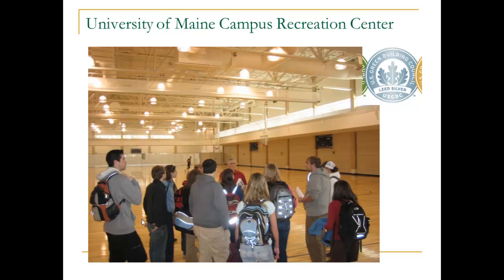So this is a picture of the recreation center, which is LEED Silver. And how did it get LEED Silver certification? This is a plaque that you'll see on the outside of the building.